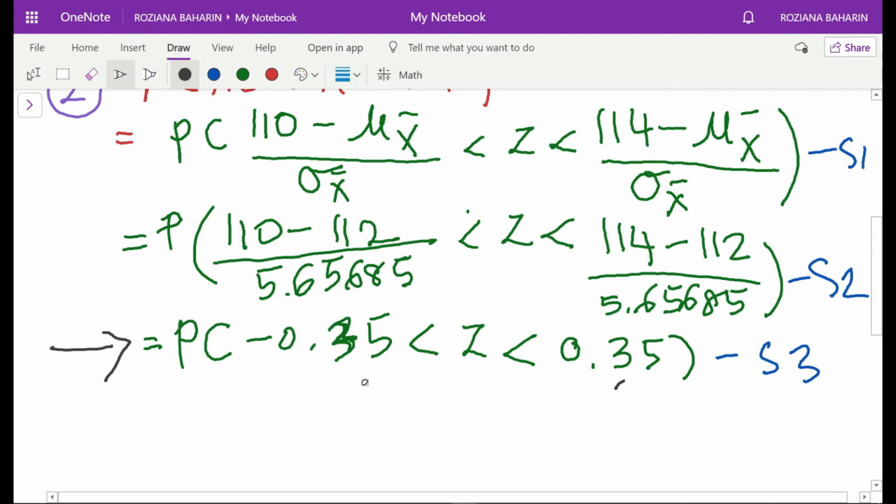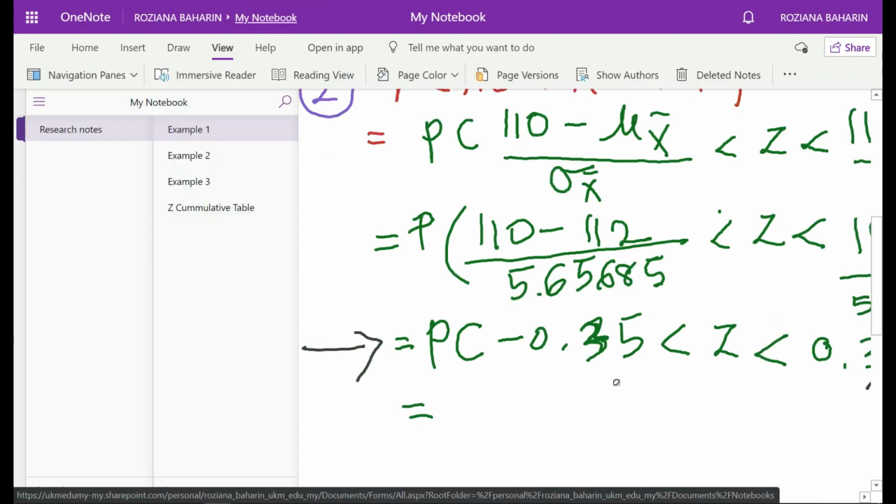We need to look at the cumulative table of negative and also the positive one. Both of these I have already uploaded at your UKM folio. So we refer to the table.